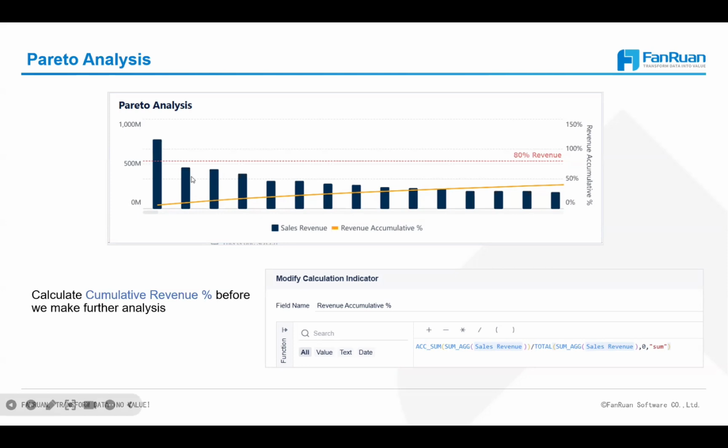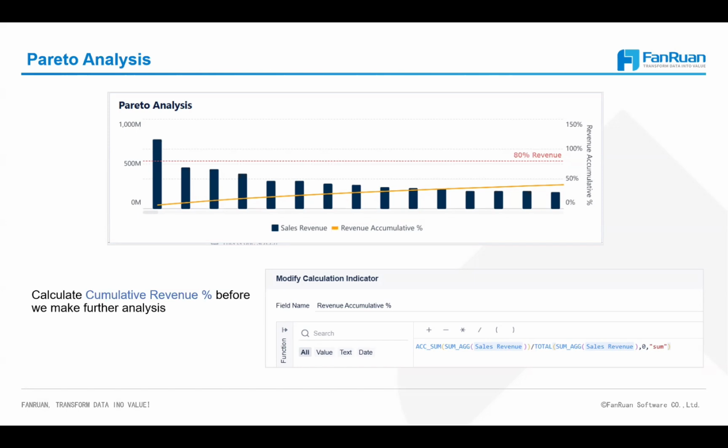I can use this analysis line, this dotted line, to judge when the revenue accumulated percentage will reach 80%. Before that are all the customers that I should focus on, the top customers.